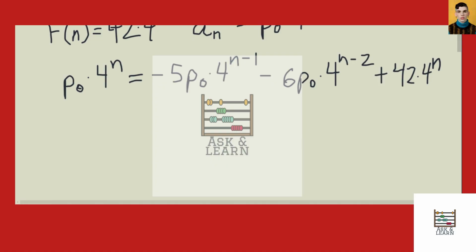If we divide both sides by 4^(n-2), we get 16 p0 equals -5 times 4, which is -20 p0, minus 6 p0, plus 42 times 16.